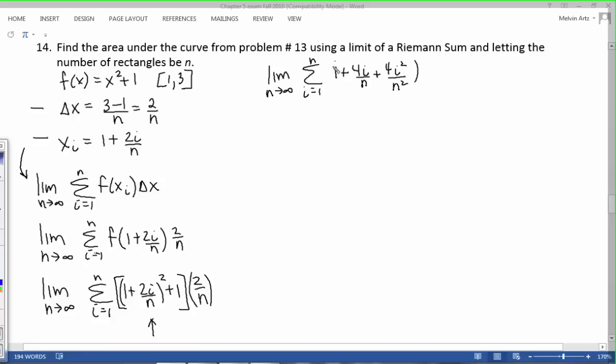Now the 2 over n, when i goes from 1 to n, this 2 over n does not have an i in it, so that will not be changing. So we could consider that a constant. So we could actually bring that out front of our summation notation.